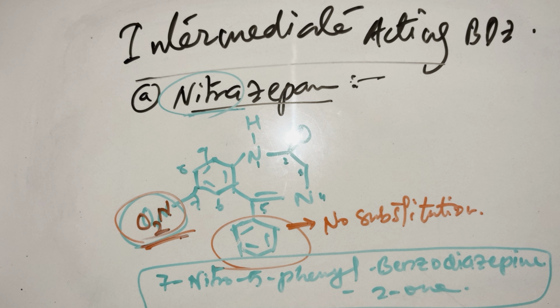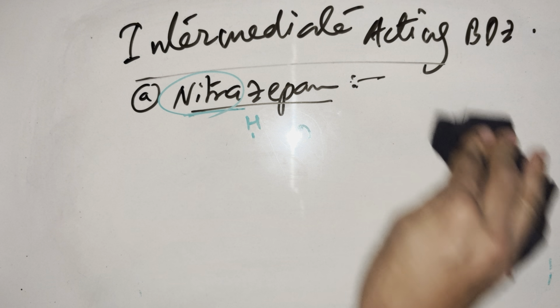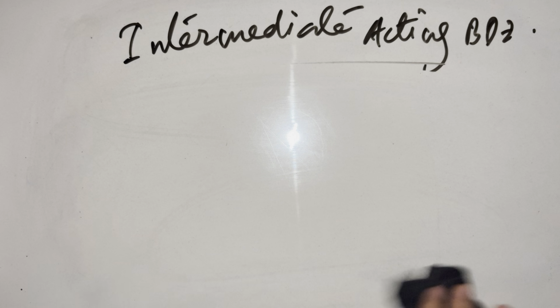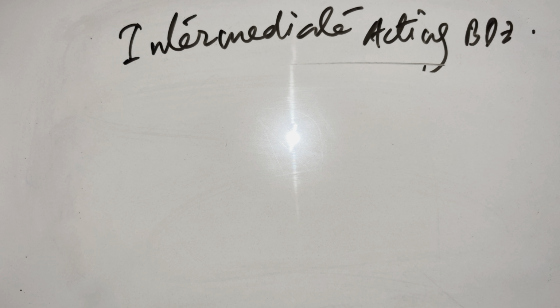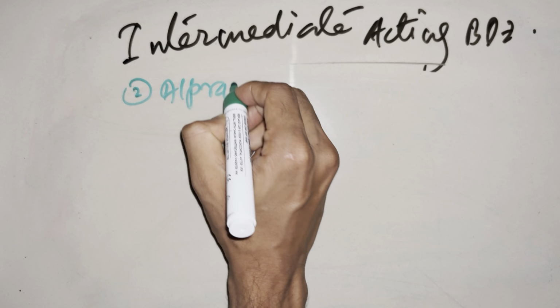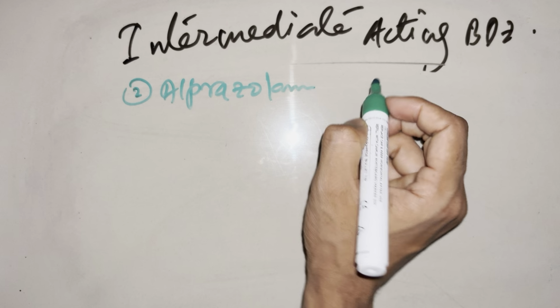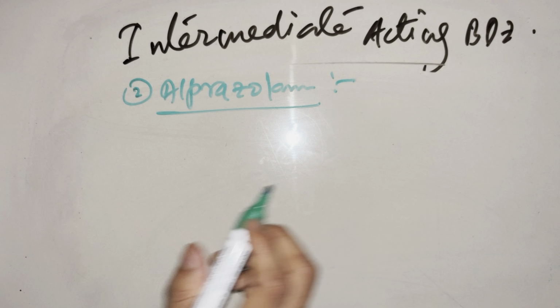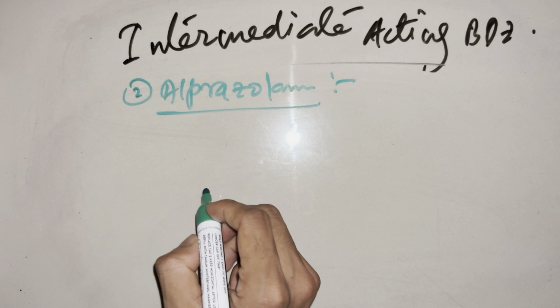Next, the second intermediate structure is alprazolam. So the structure of alprazolam. What I mentioned earlier, if you remember, is that in alprazolam there will be a ring structure.